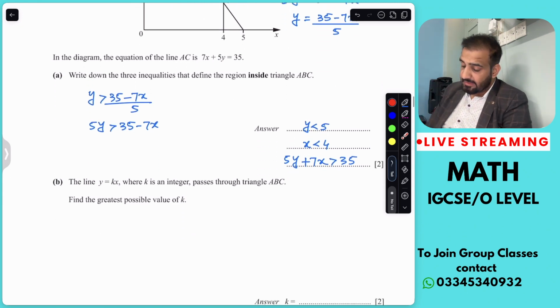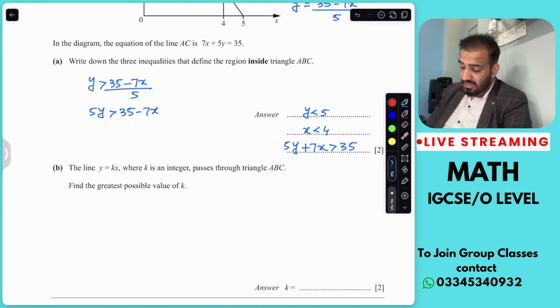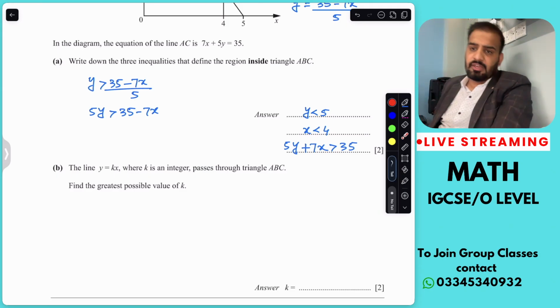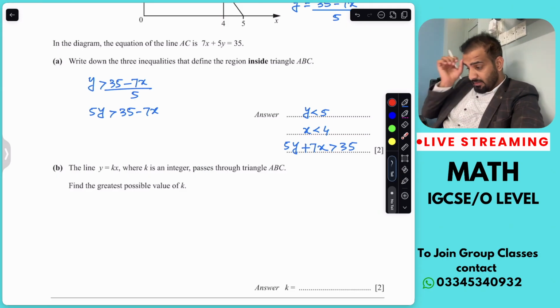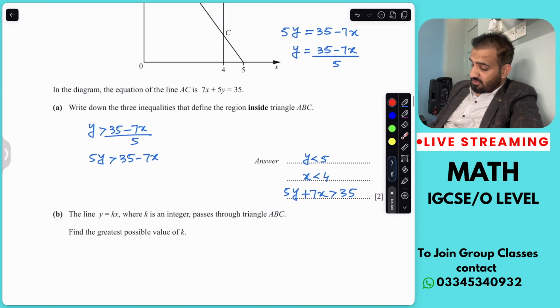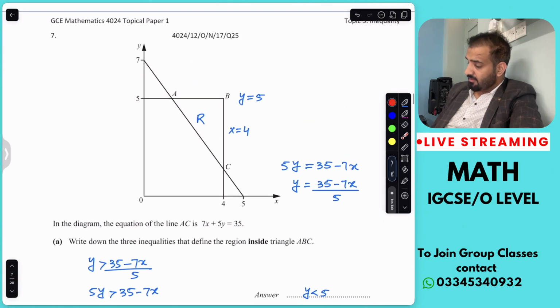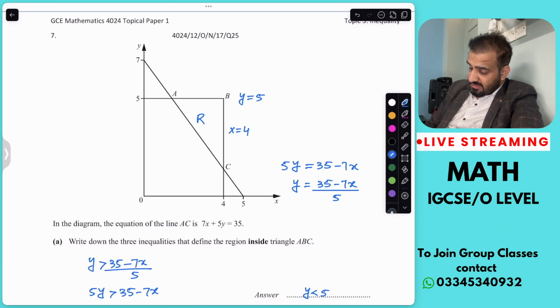Okay. The line y equals kx, where k is an integer, passes through the triangle ABC. Find the greatest possible value of k. So this line y equals kx is a very famous line. y equals kx means it has y-intercept 0.